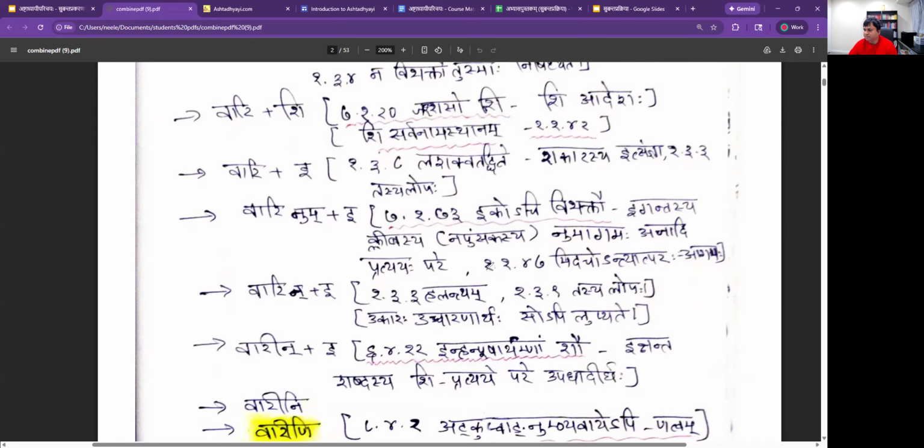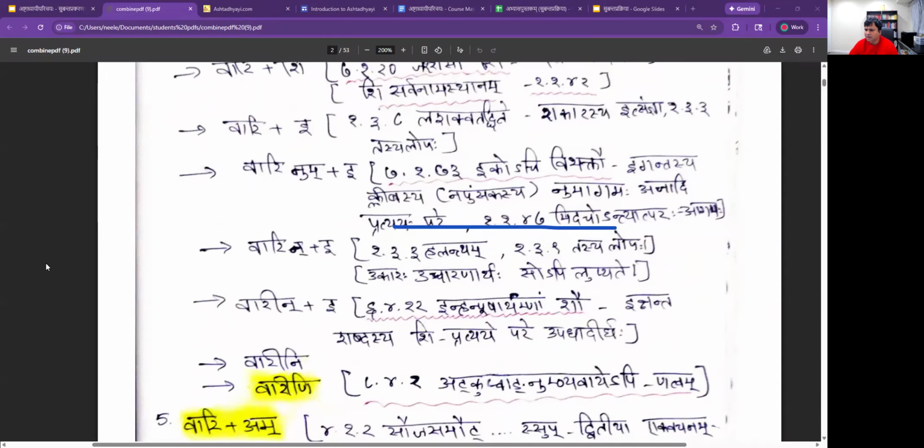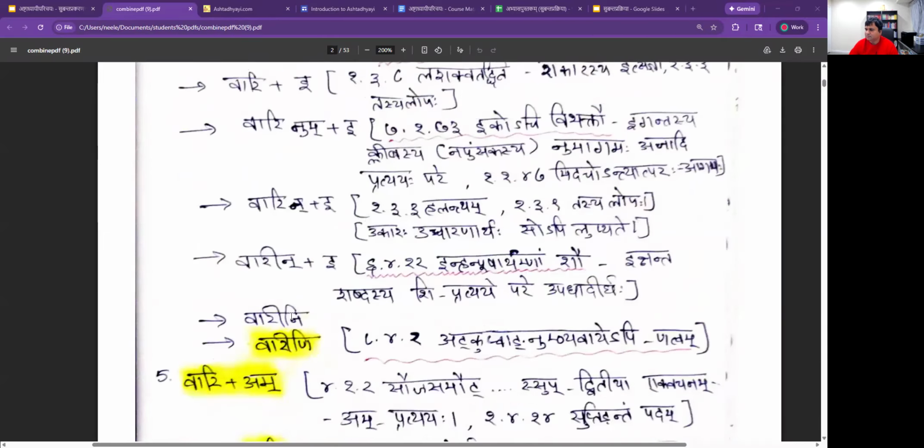Correct. 73 Parasya. Varin plus E. Atra Inhan Pushan Niyama Sutram Asti. Varin plus E, Varini.